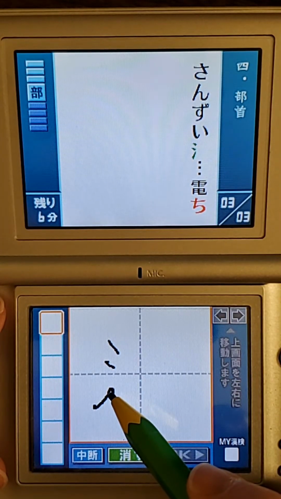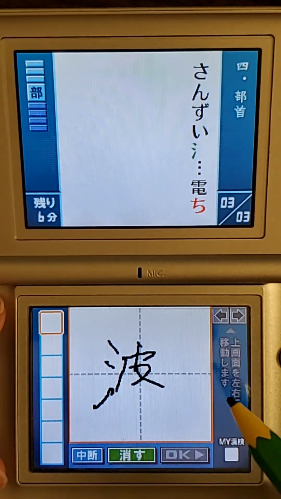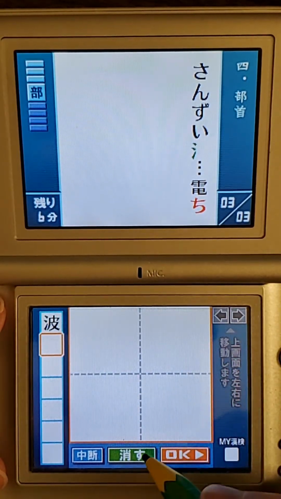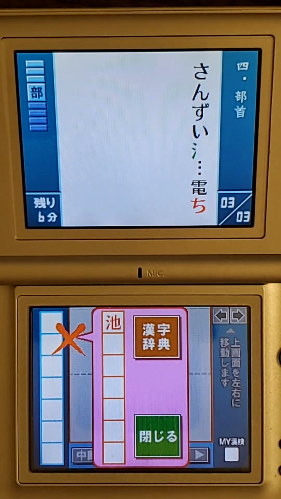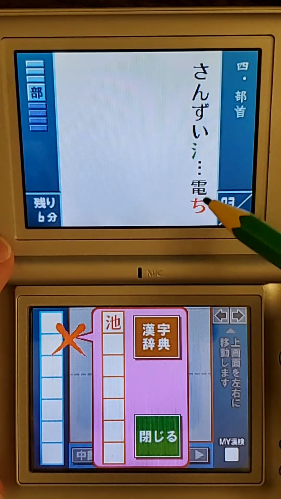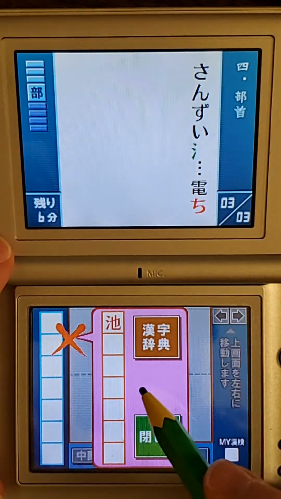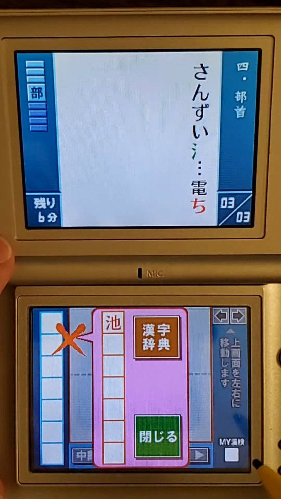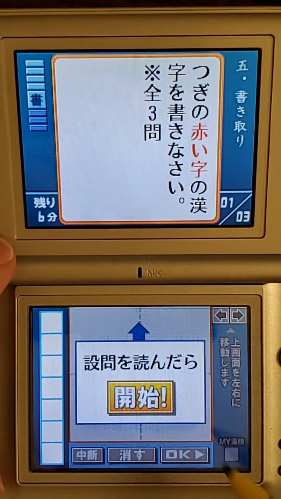I think this is for wave, right? That's dempa. Oh yeah, chi. So battery, right? Denchi. So sanzui and then lan. Put it in my kanken, study it later.